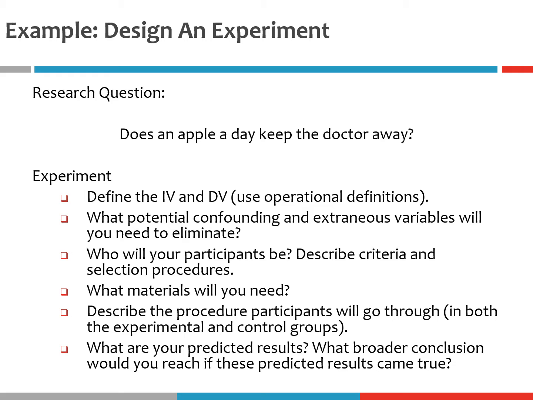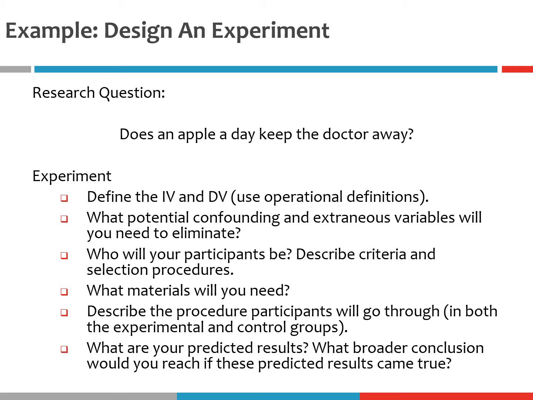And then we have our dependent variable, which is the variable that we expect to change in response to the independent variable. Or another way of thinking about it is it's the outcome variable. Right? So our outcome variable in this case would be doctor. Right?